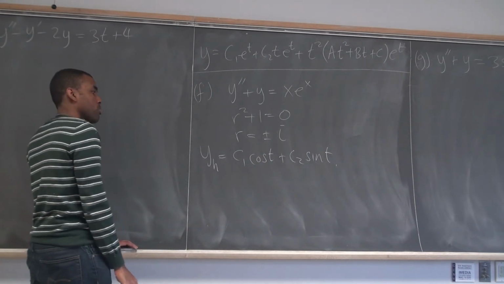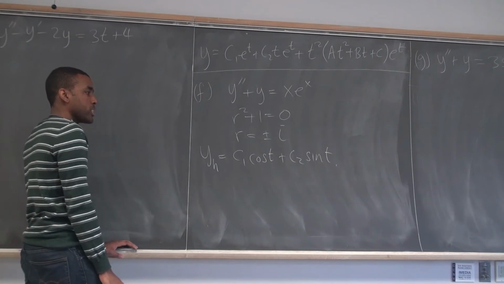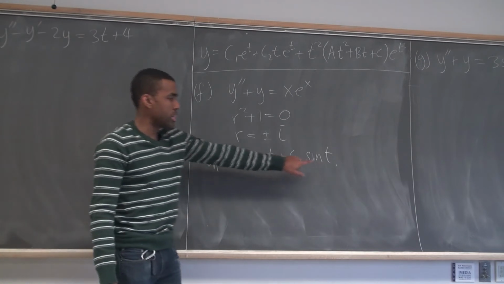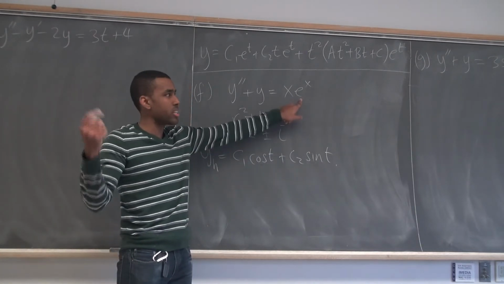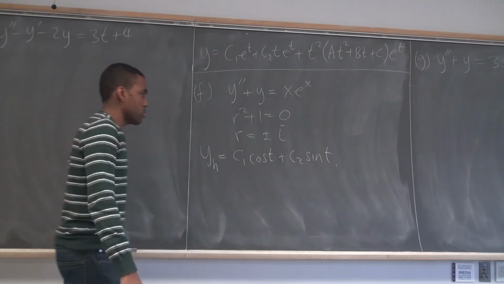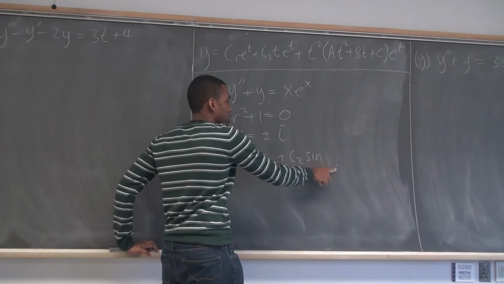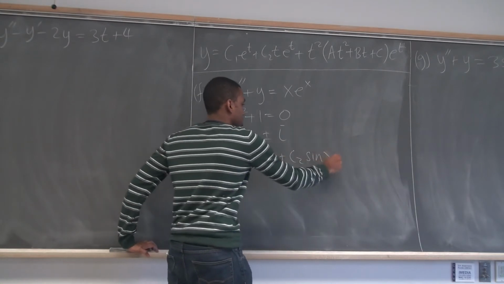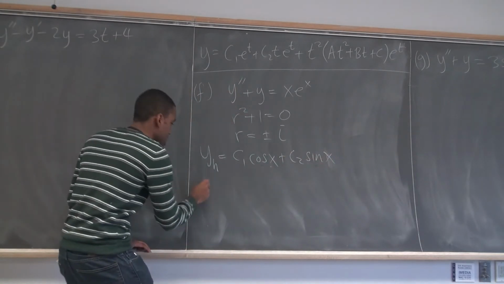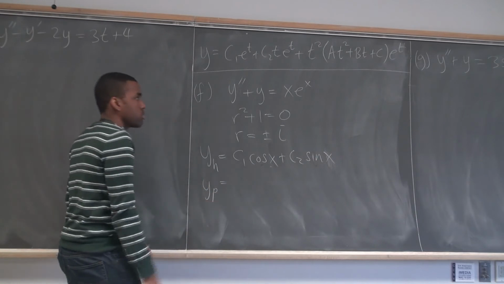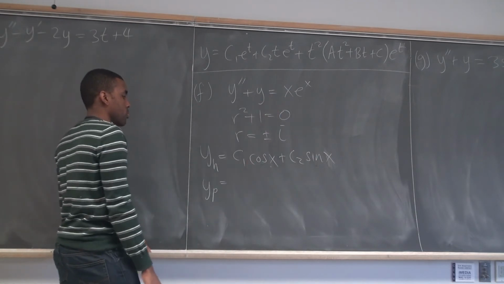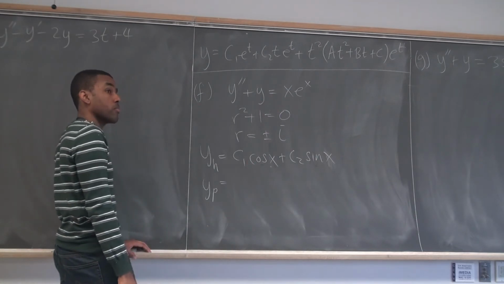Okay, so now that we have our YH, it turns out that here it's cosine and sine. The right side doesn't look anything like that, so you can just choose. Technically, I'm using x as the independent variable here, so be consistent. What would YP look like?